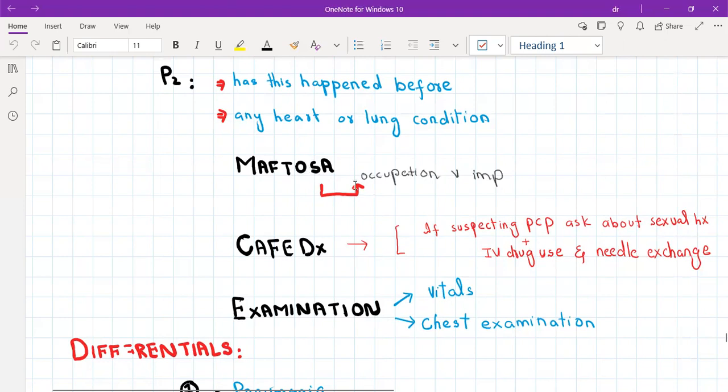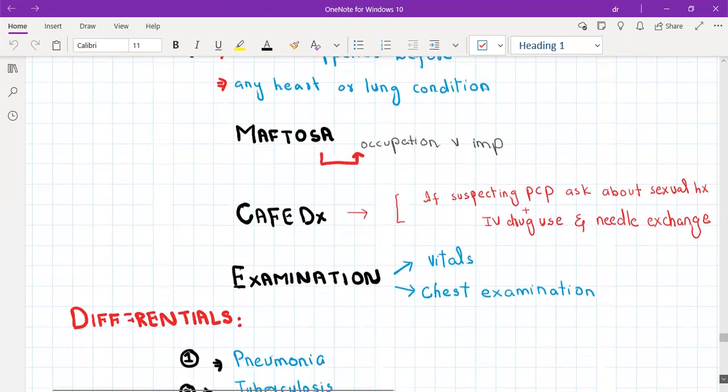Occupation is also very important because it can be interstitial lung disease that can develop due to silica exposure, asbestos exposure, or organic dust exposure. And if the patient has been working with asbestos, then it should also ring a bell in your mind that the patient can probably have lung cancer. So occupation here is very, very important as well.